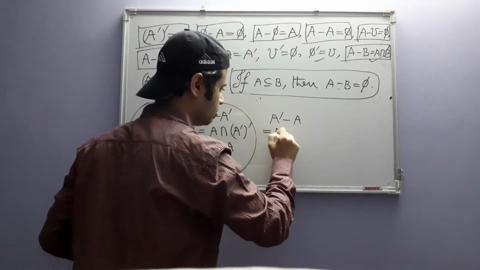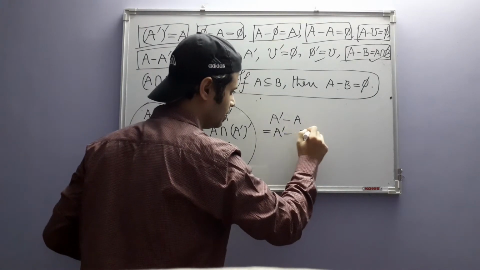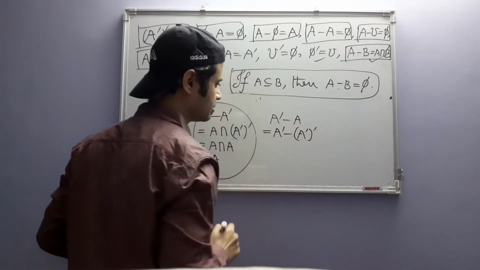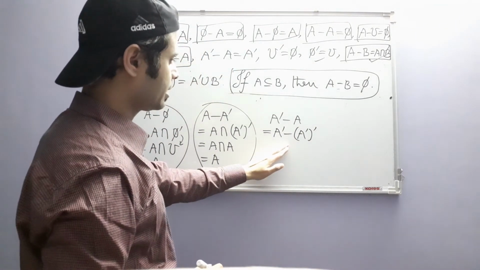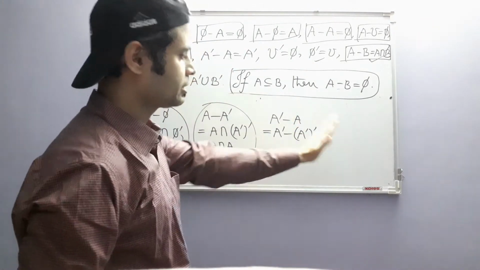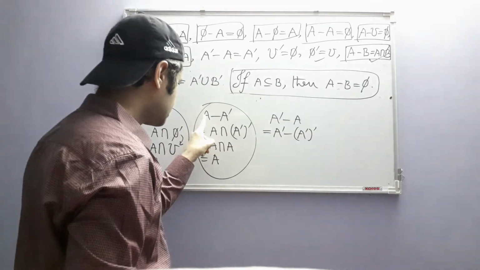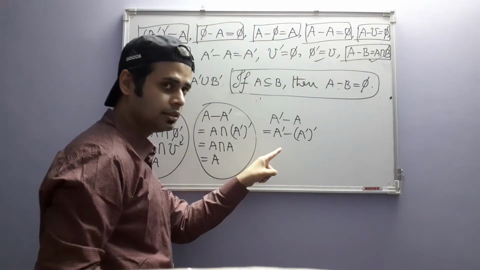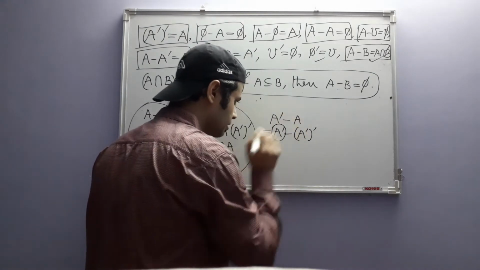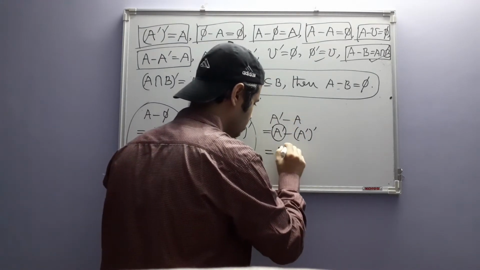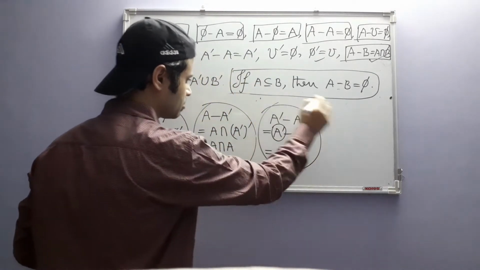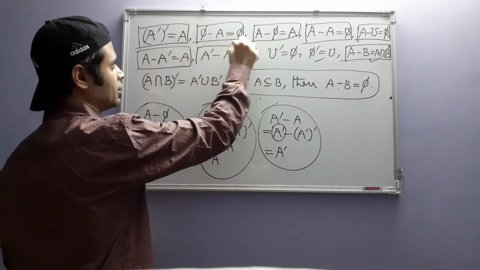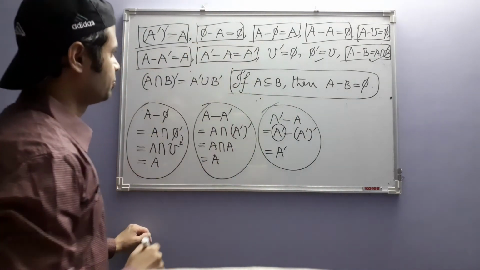How? Because in place of A, I can write this. So this is just like writing a set minus its complement. A set minus its complement is the set itself. In this case, the set is A prime. So this is equal to A prime. So that's how I have proved this one.